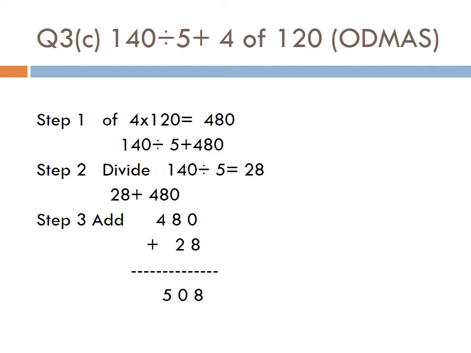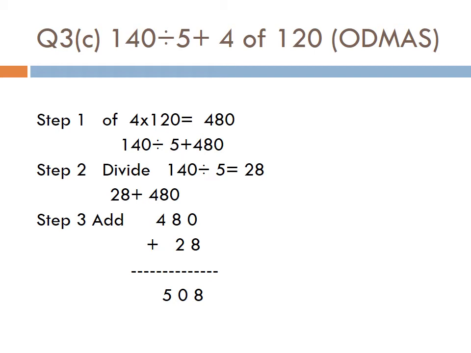Question number 3, C part. 140 divided by 5 plus 4 of 120. Okay. Step 1, you have to solve off. 4 of 120 means 4 multiplied by 120. Answer is 480.